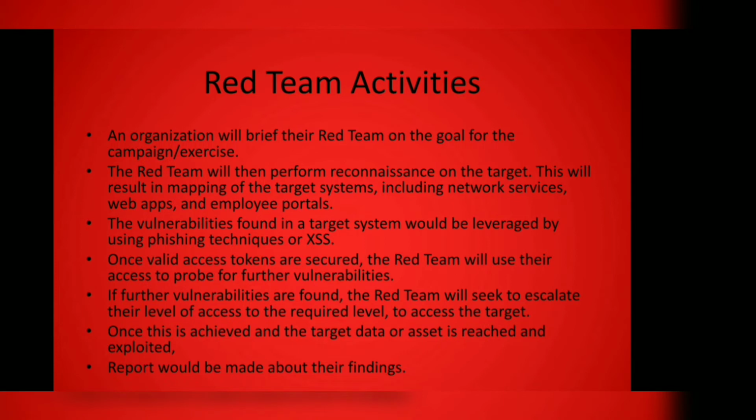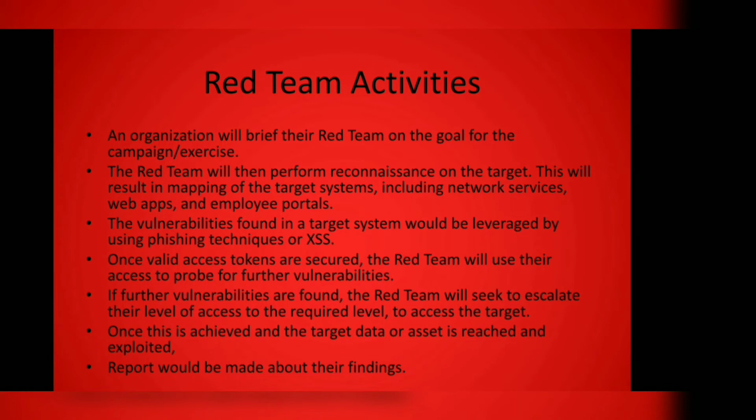This will result in mapping of the target system, network services, web apps, and employee portals. The vulnerabilities found in the target system will be leveraged by using phishing techniques or cross-site scripting. Once valid access tokens are secured, the red team will use their access to probe for further vulnerabilities.